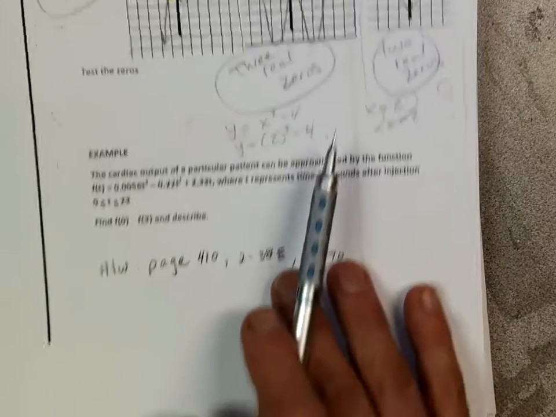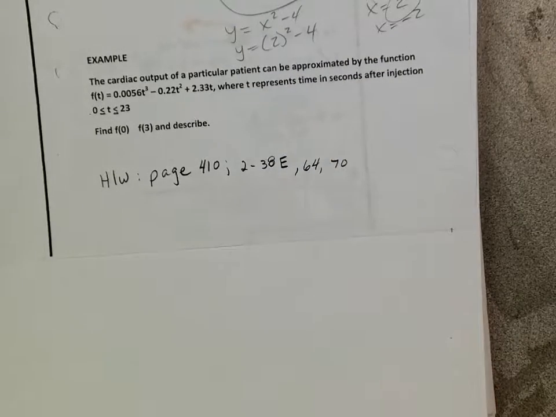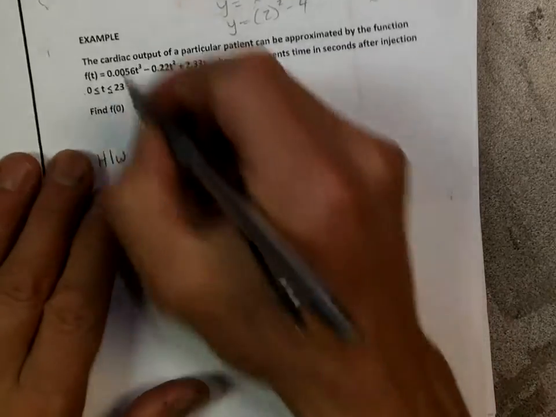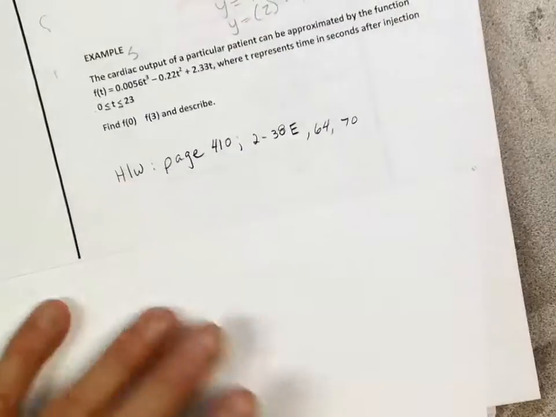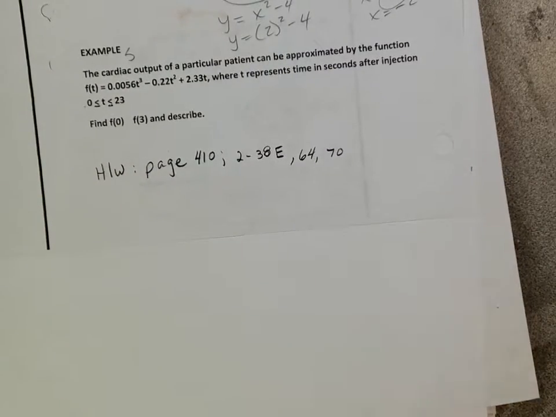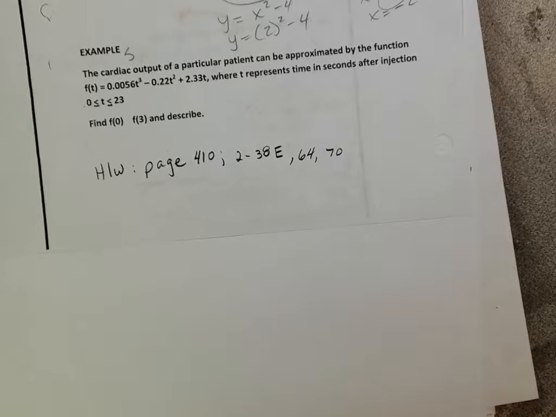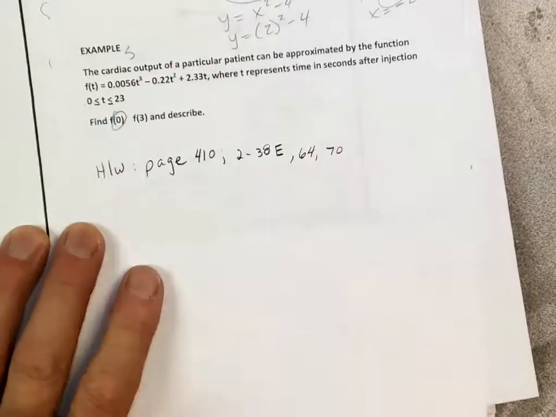All right, last example. Example 5. We're almost finished. A cardiac output of a particular patient can be approximated by the function 0.0056t cubed minus 0.22t squared plus 2.33t. Now, f of 0. How do you find f of 0?